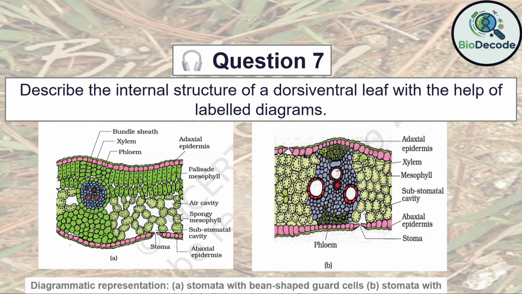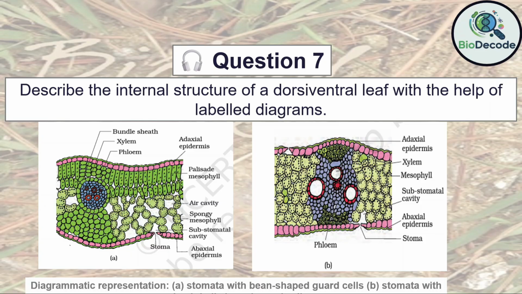Between the two epidermal layers lies the mesophyll, which is made up of parenchyma cells containing chloroplasts for photosynthesis. The mesophyll is differentiated into palisade parenchyma, consisting of elongated cells arranged vertically and tightly packed beneath the upper epidermis, and spongy parenchyma, composed of loosely arranged cells with large intercellular spaces and air cavities.